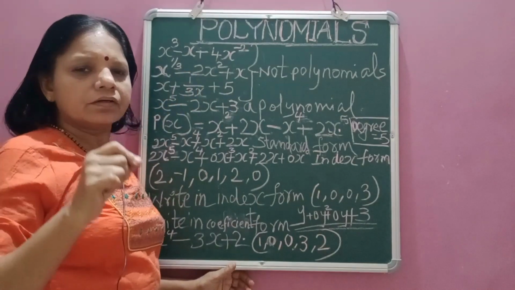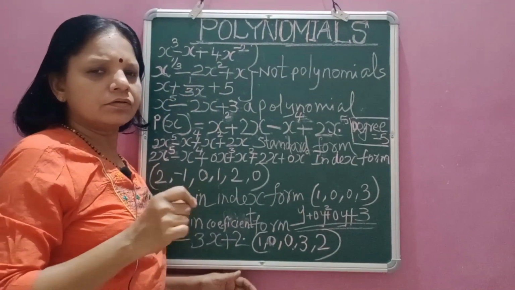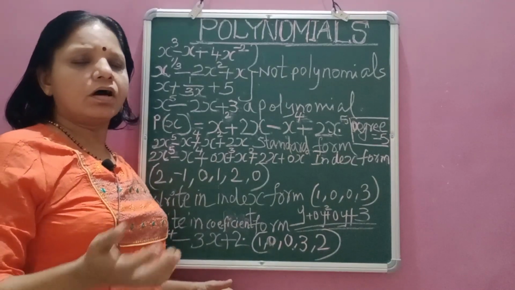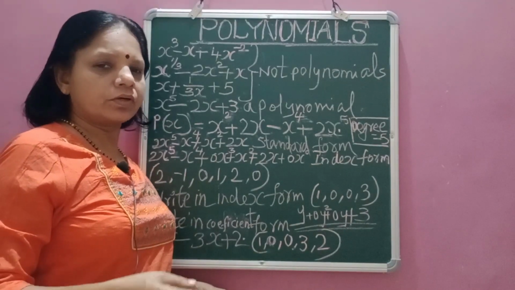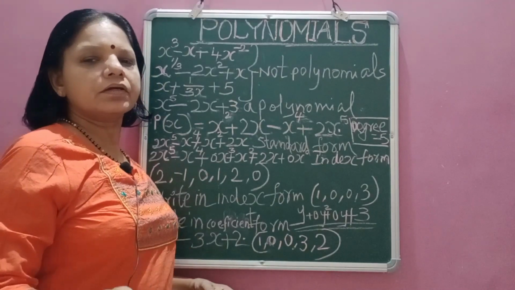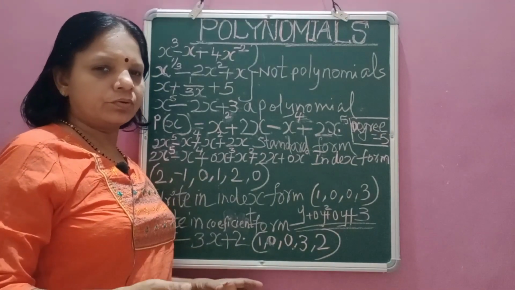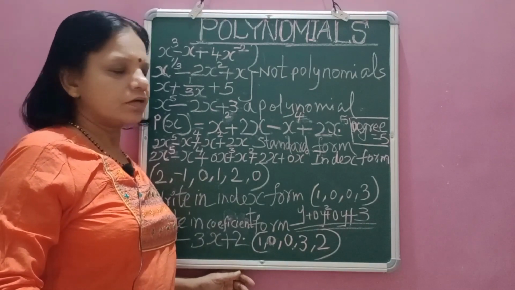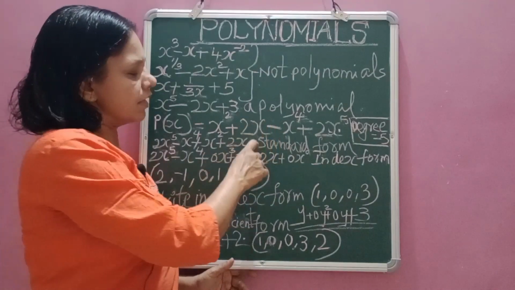So there is a rule that it should be arranged either in ascending order or descending order. Anyway, you can use either, but we usually arrange in descending order. So if you arrange in that order, that arranged form is called standard form.